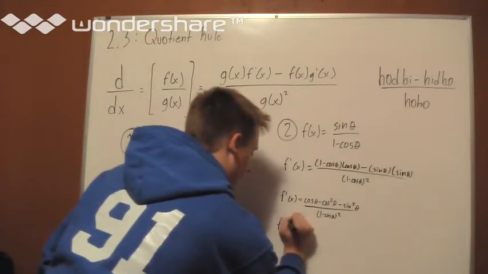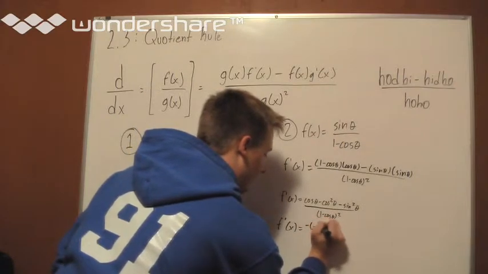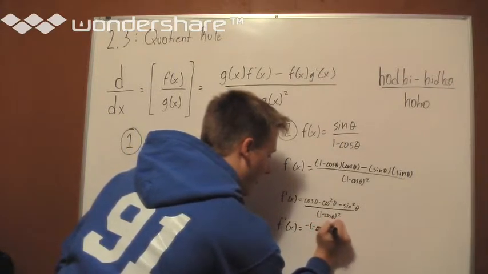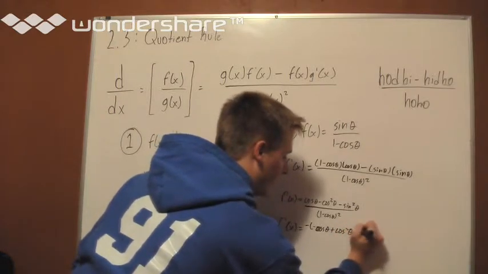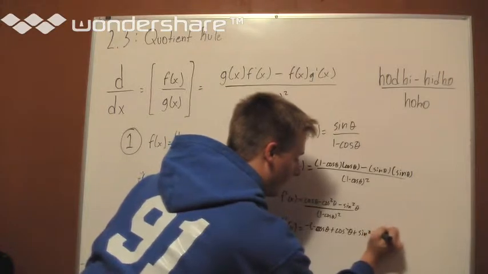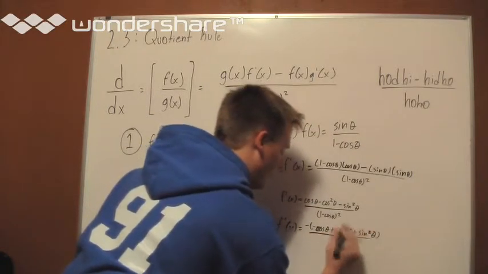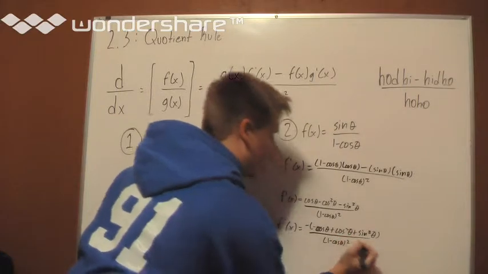So I'm going to get negative, and then negative cosine theta plus cosine squared theta plus sine squared theta. And that's all going to be over the same 1 minus cosine theta squared.